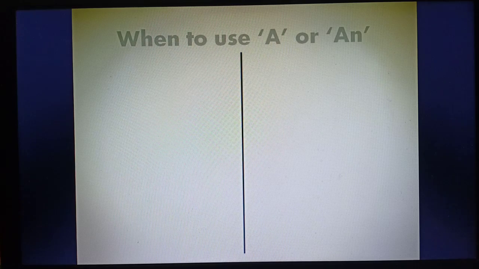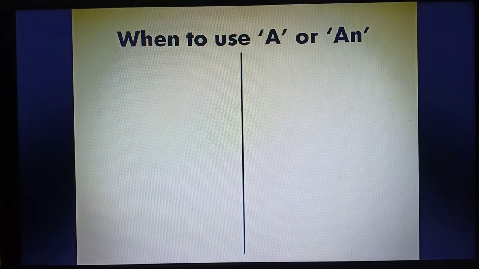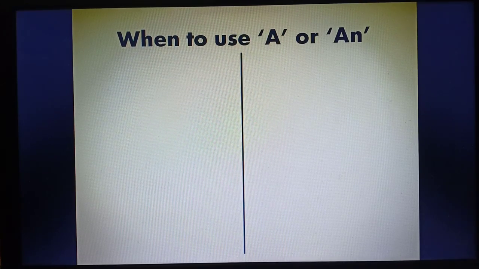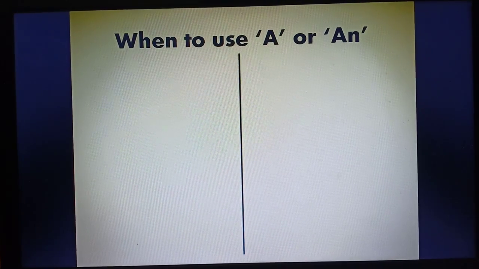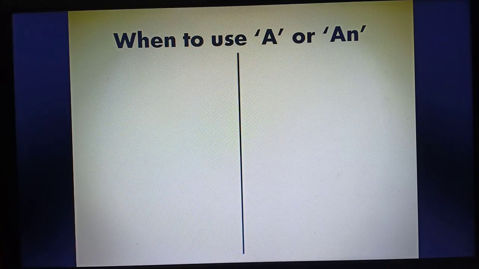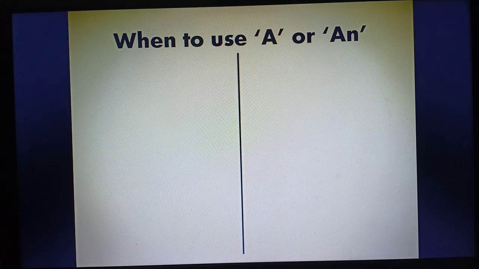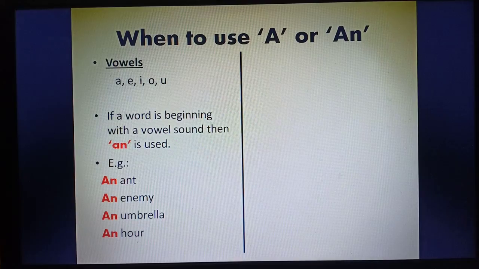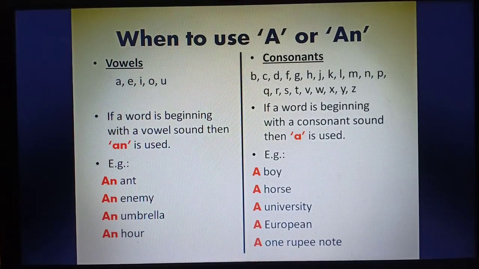Now let's see when to use a or an. Basically, children, there are 26 letters in English. We all know that. Out of which 5 are vowels and 21 are consonants.